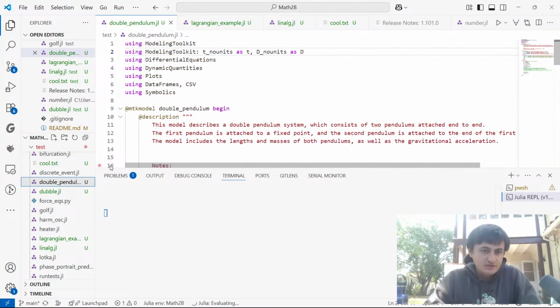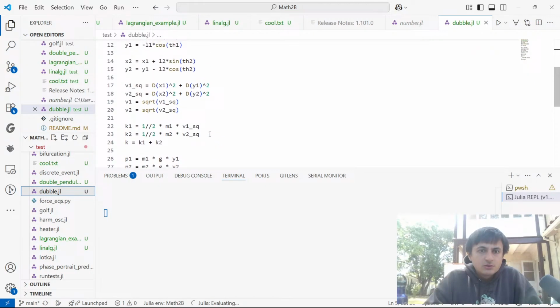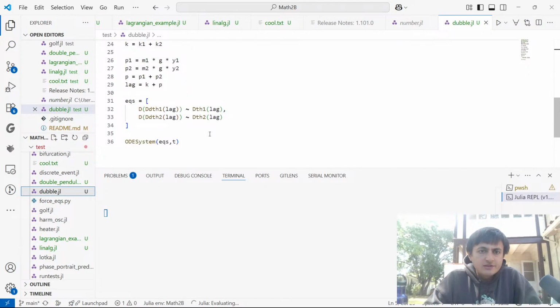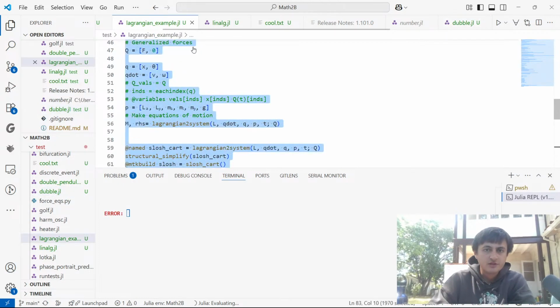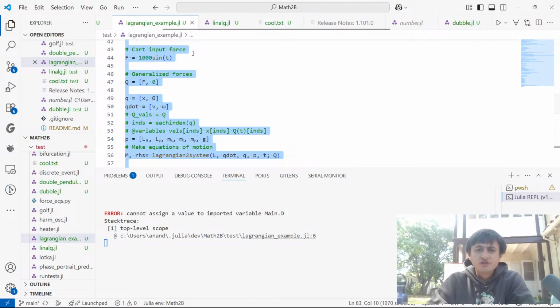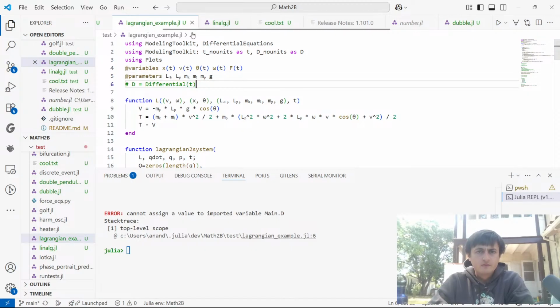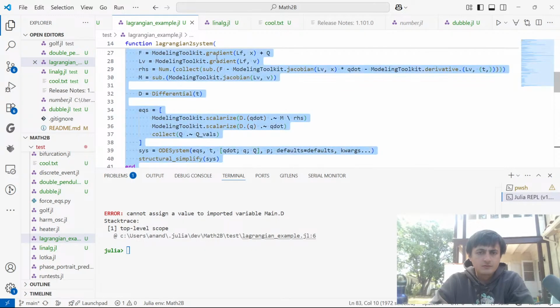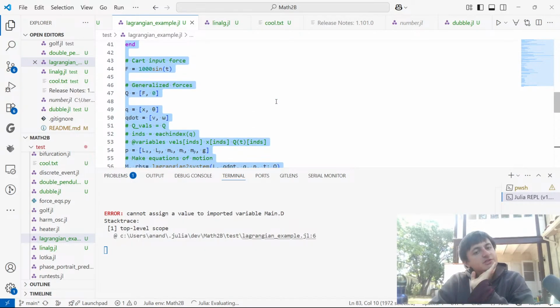What is this? This is nothing. This one, is this right? We're not going to do the equations by hand, but we are going to. So hold on. Oh, yeah. I'm pretty sure that this should work.